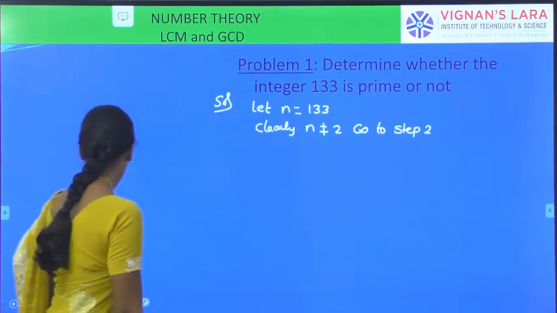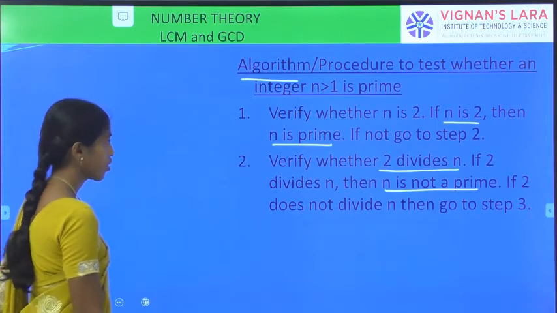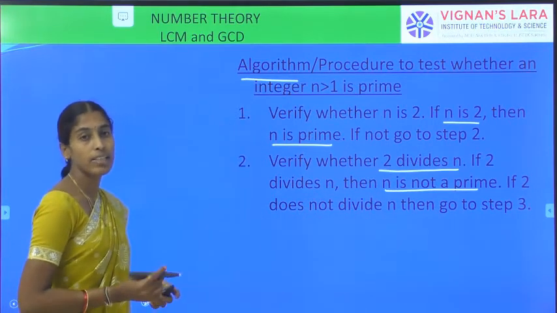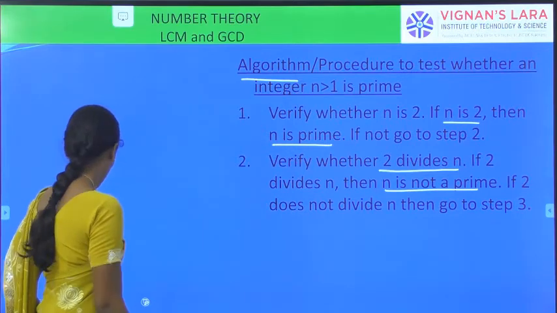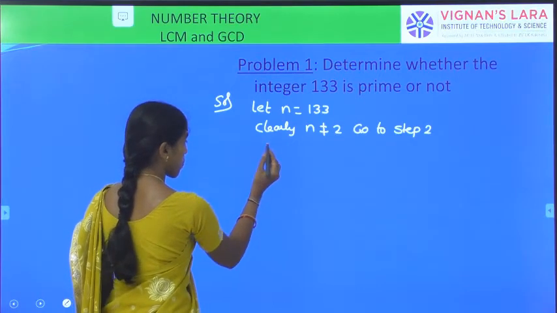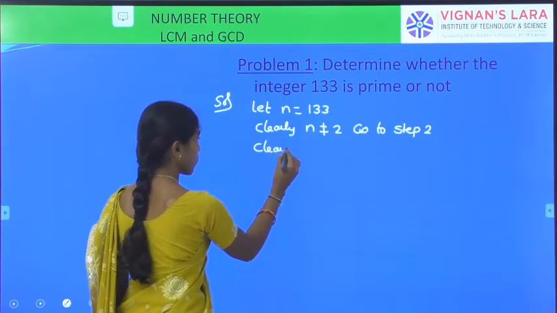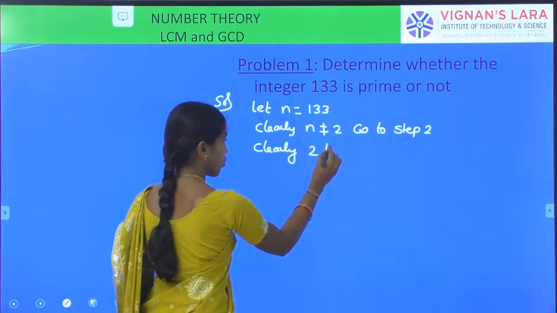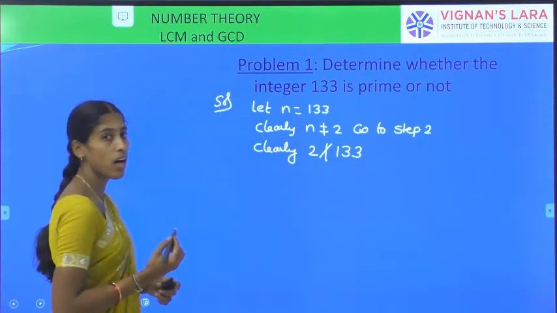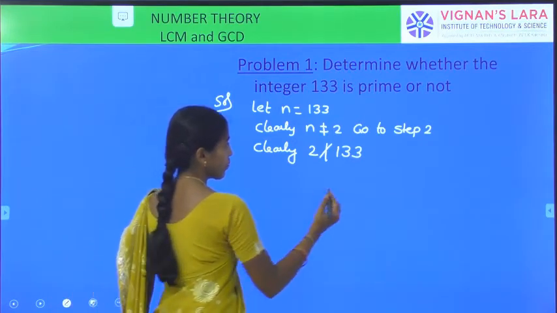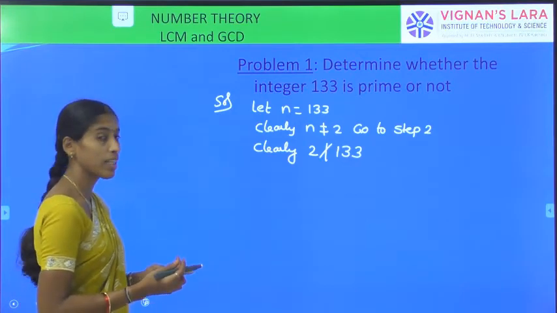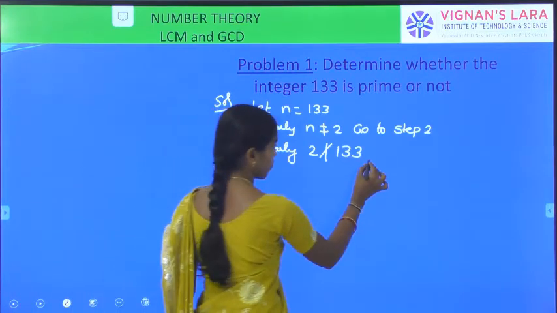What is our step 2? Verify whether 2 divides n. If 2 divides n, then n is not a prime number. Clearly, 2 does not divide 133 because 133 is an odd number.